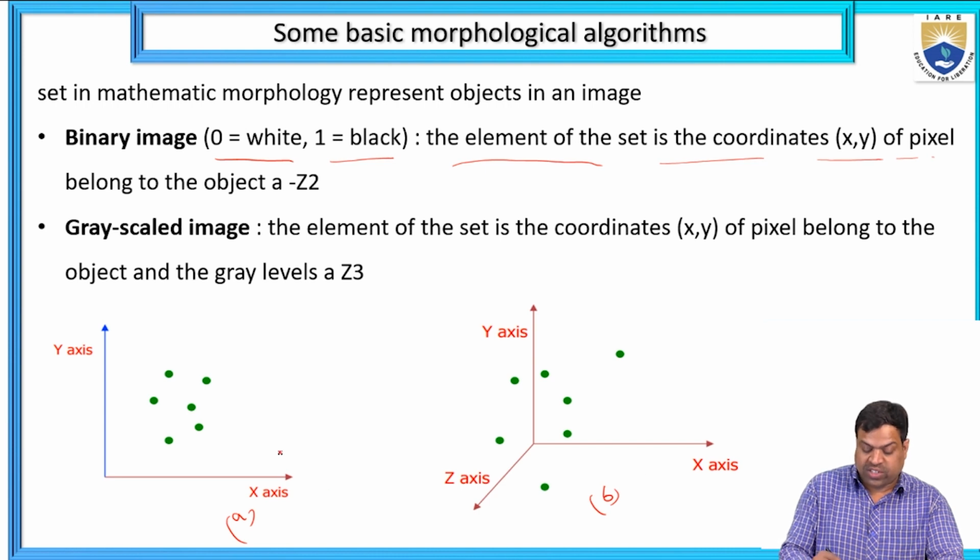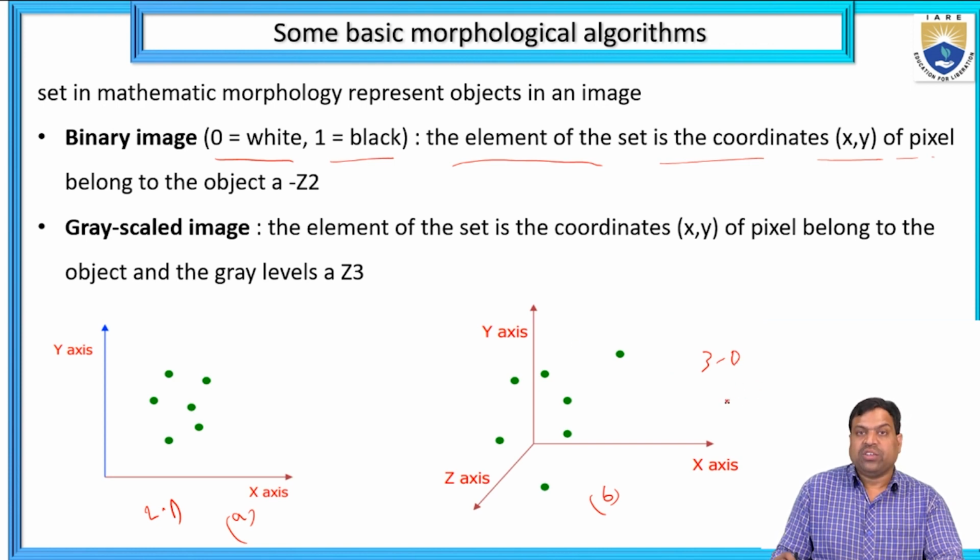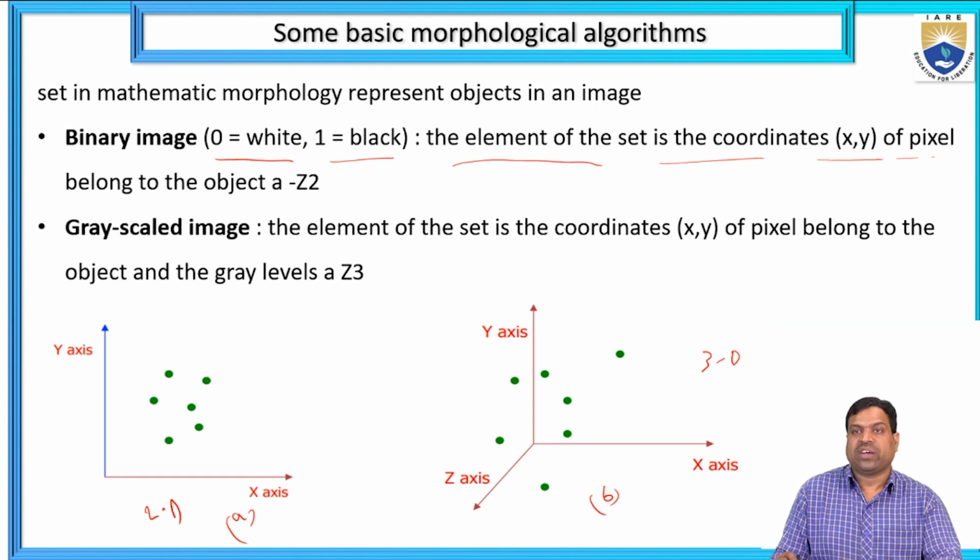X and y are the coordinates here, which is 2D. X, y, z is 3D.